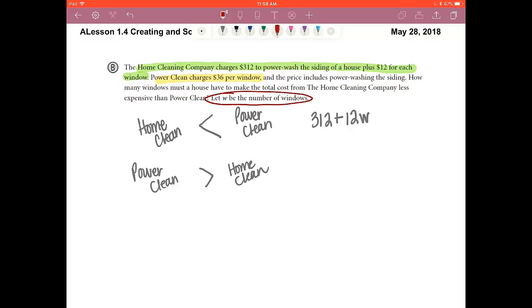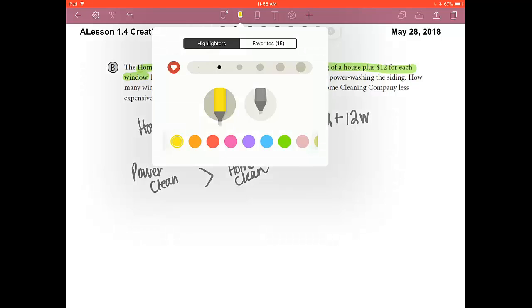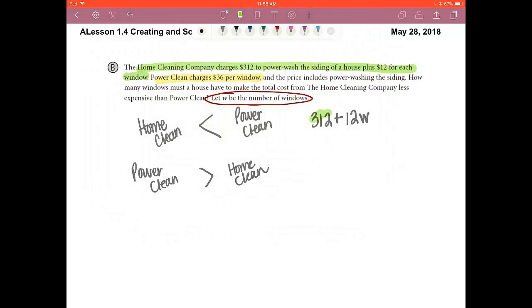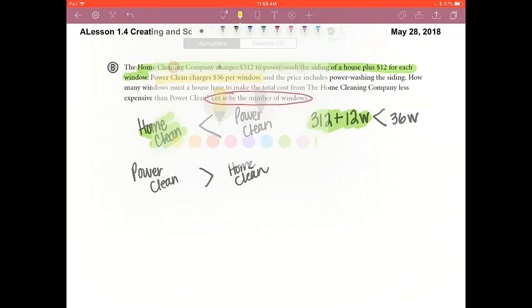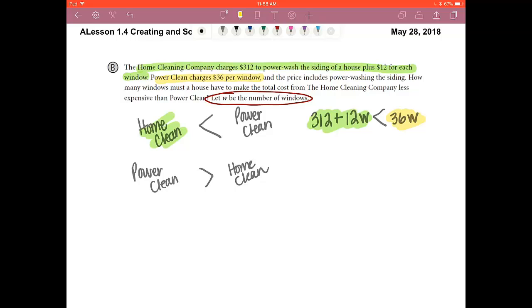And we'll say that W is the number of windows. So $312 plus 12W, that's my home cleaning cost. We want that to be less than $36 per window, which would be your Power Clean.